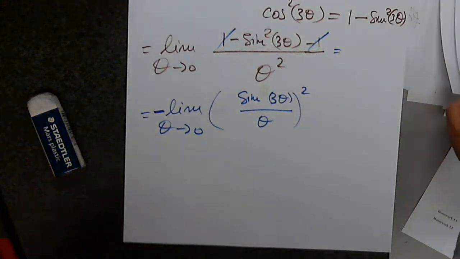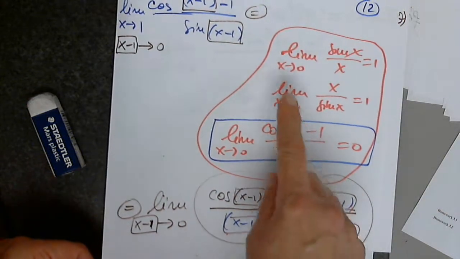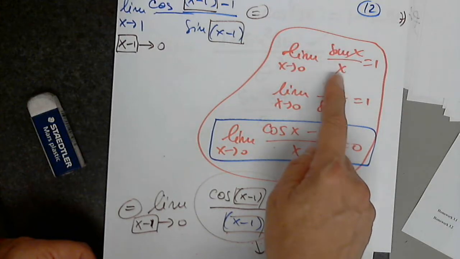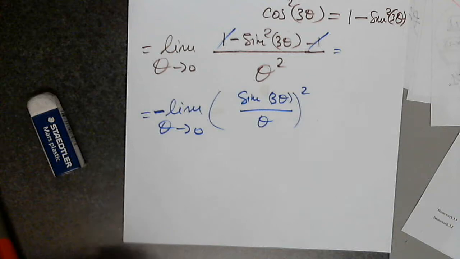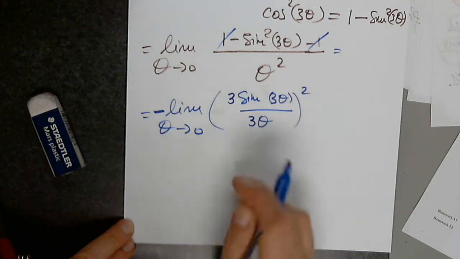Now this is similar to something I see here. Theta, sine 3 theta, and theta. So I still need to make some adjustments. What is the adjustment I need to make? Multiply by 3 and divide by 3.